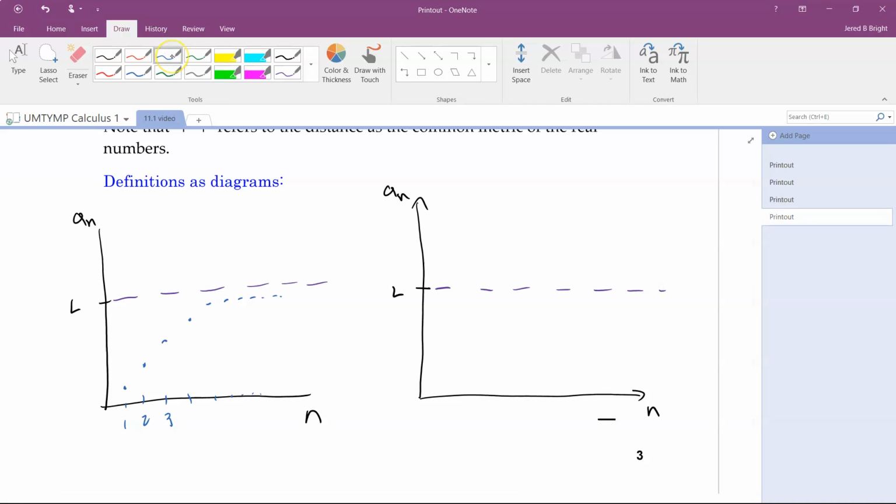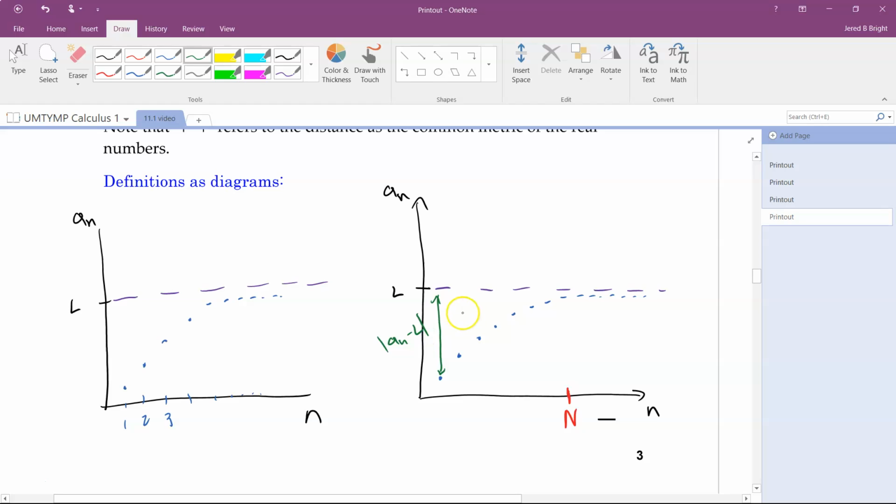Now what I'm saying is that when I look at the sequence, I have my same sort of sequence approaching L. It says once I am beyond this position in the sequence, capital N, what I'm looking at is this vertical distance, because this vertical distance is our a_n minus L.